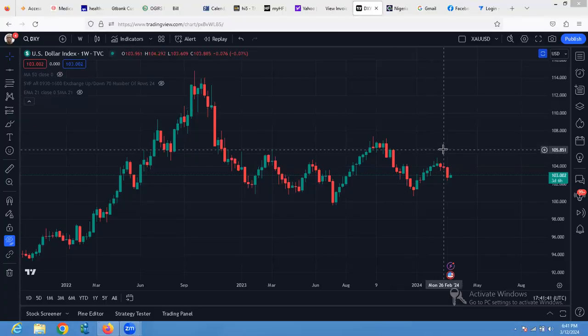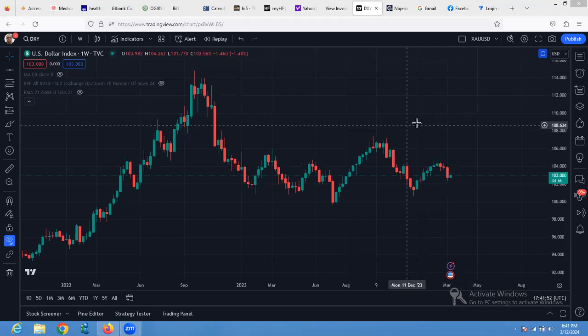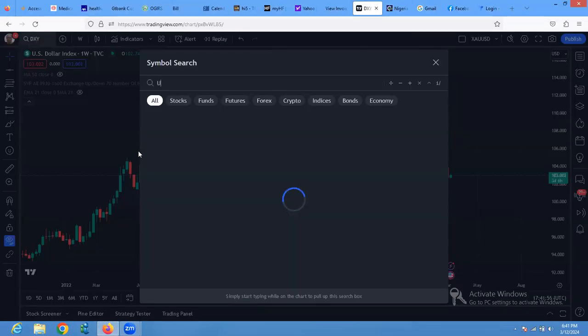So on the weekly, we can see this price action here. Price should not take this engulfing candle. So the resistance here actually coincides with that 85.6 or 85.4. The same thing applies to your US dollar index. It's the same.